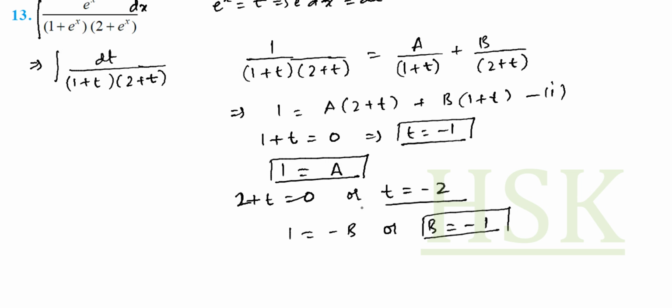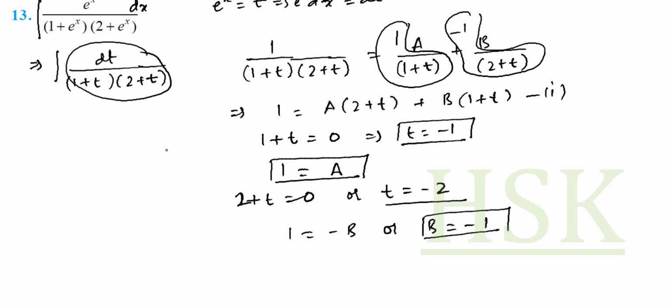So instead of this term, I'm going to integrate 1 upon 1 plus t minus 1 upon 2 plus t. Our given integral is converted into this form, 1 upon 1 plus t minus 1 upon 2 plus t dt.